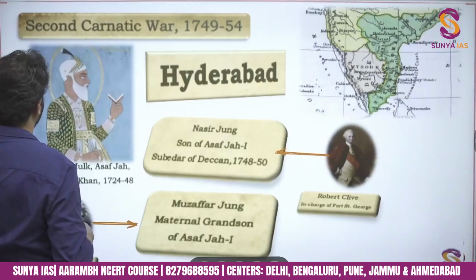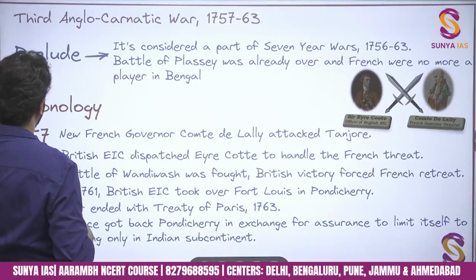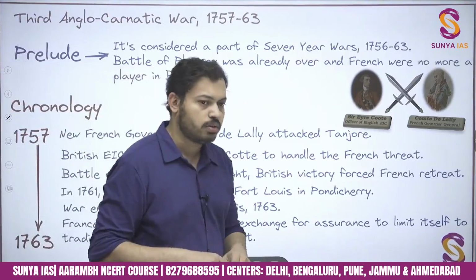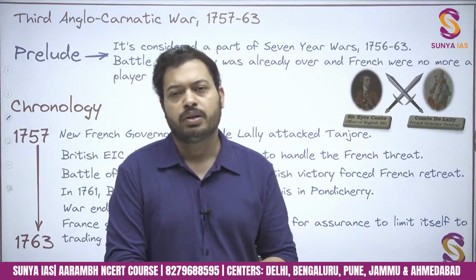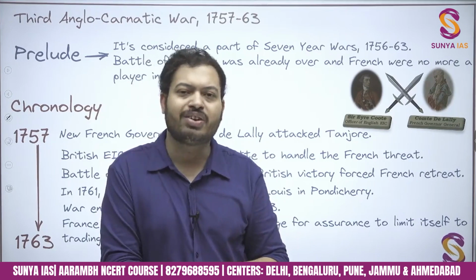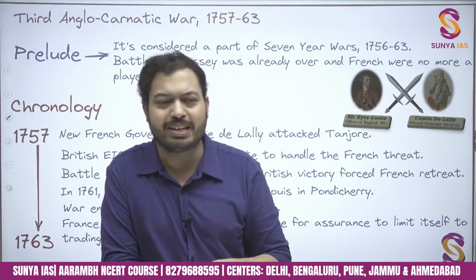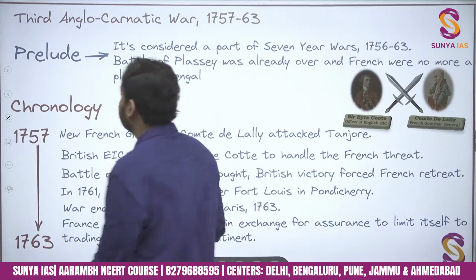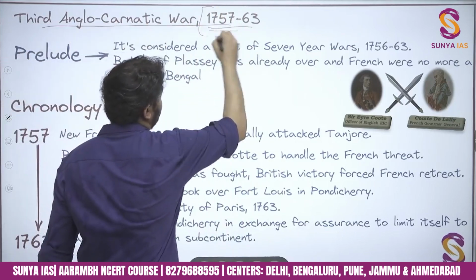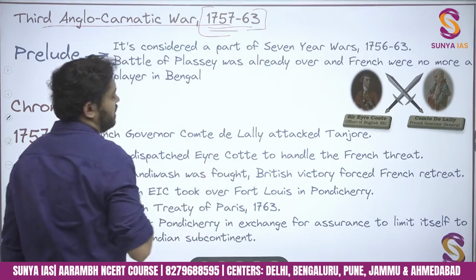So the second Anglo-Carnatic War ended in 1754, and it didn't take very long to start the third Anglo-Carnatic War. You will see that the third Anglo-Carnatic War happened between 1757 and 1763.